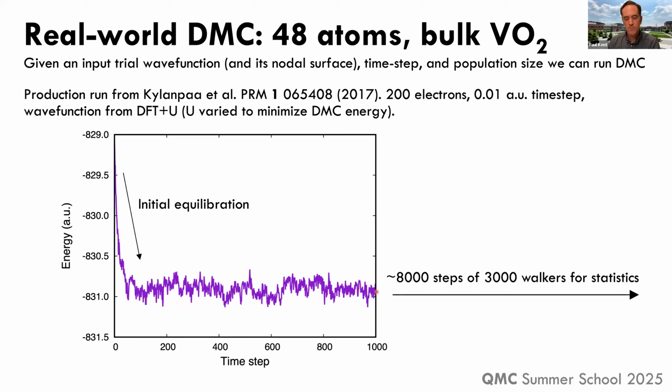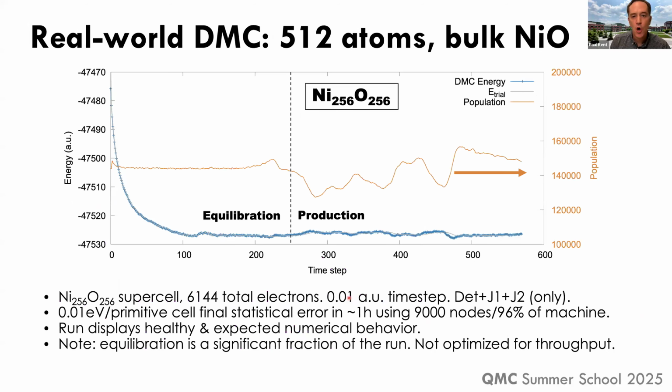I didn't plot the walker population on this plot, but this is all stabilized by this point. There's about 3,000 of them in this run. And for the actual statistics to get the energies and charge densities to enough accuracy for the science, there were 8,000 steps done overall. So the run continues significantly off to the right here. But nevertheless, that was very much like the cartoons that we were showing earlier. What now about something much more ambitious, and you don't certainly need a supercomputer to run this.